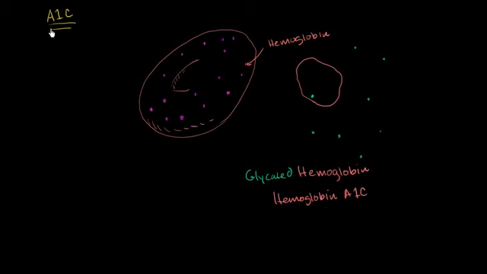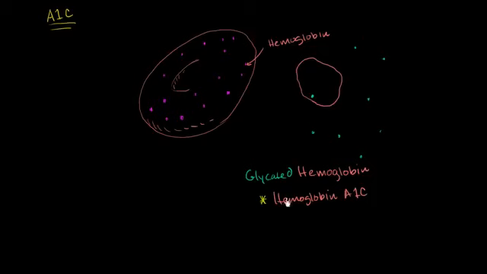When you are measuring your A1C levels, that's a test of the percentage of your hemoglobin that is hemoglobin A1C. So you take a blood test, they're measuring relative to the total amount of hemoglobin there, what percentage of that is hemoglobin A1C.